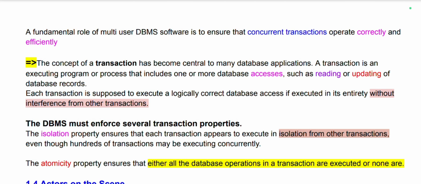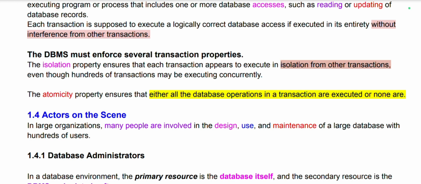Each transaction is supposed to execute a logically correct database access if executed in its entirety without interference from other transactions. Each transaction that we are doing, like reading data or updating data, should execute without interference from other transactions. One transaction should not interfere with another transaction.